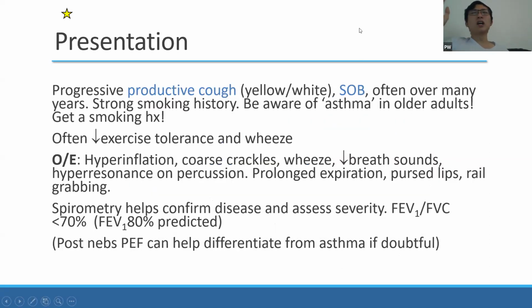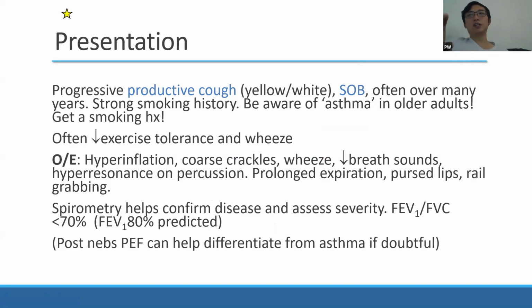So basically, what you're going to get typically is some middle-aged person who smoked a whole ton. They've got a productive cough, which has been getting worse, either yellow, white or green, and they're short of breath. These symptoms have been getting worse over many, many years.